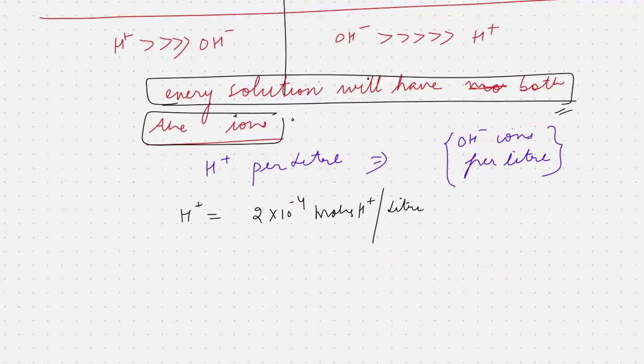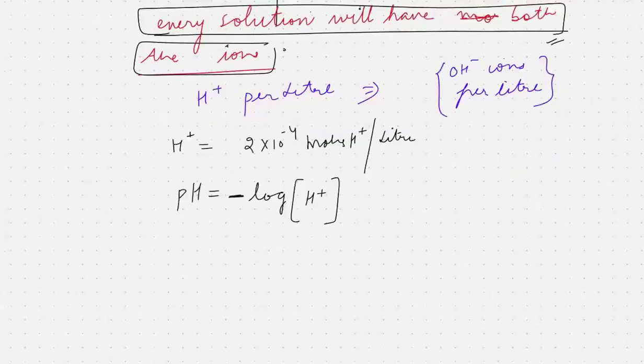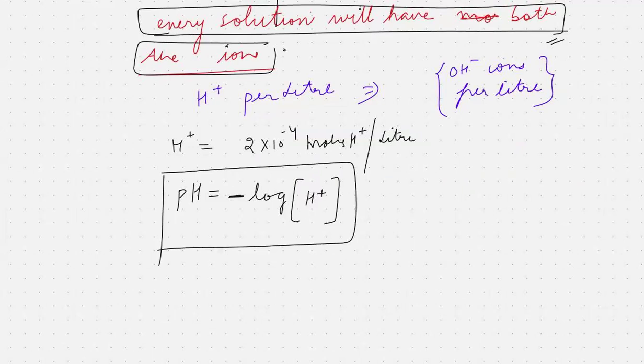So if I want to calculate the pH, got the point? The pH formula is minus times log of H plus concentration. So this square bracket means moles of H plus per liter.